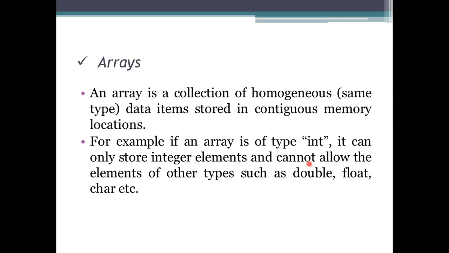If you are using integer, it should store only integer values; characters means characters, float means float, whatever type you are storing. It won't allow you to store multiple behavior elements. And why is it static? It belongs to static representation.